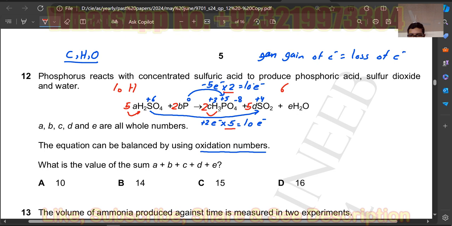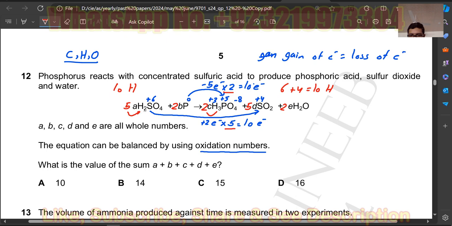There are only 6 hydrogens on the right side, which means I can choose a number which will be multiplied with H2O to balance it with 10 hydrogens. So it is simple. I need 4 hydrogens, which means I will put 2 over here. This will give me 4 hydrogens. So 6 plus 4, 10 hydrogens. So hydrogens are balanced now.